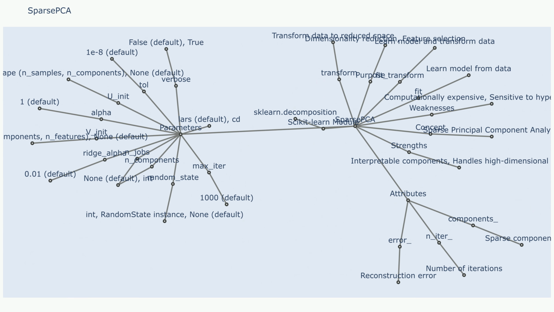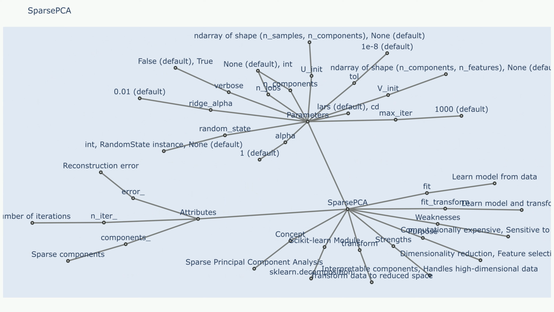Tuning parameters. Choosing the optimal values for the sparsity parameter alpha and the number of components n_components can be challenging. Non-uniqueness. The solution obtained by sparse PCA is not always unique due to the non-convex optimization problem.